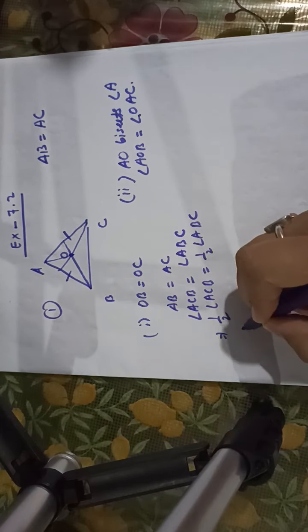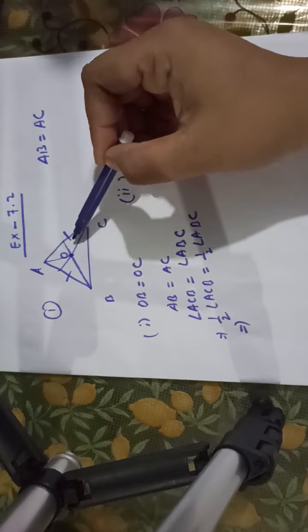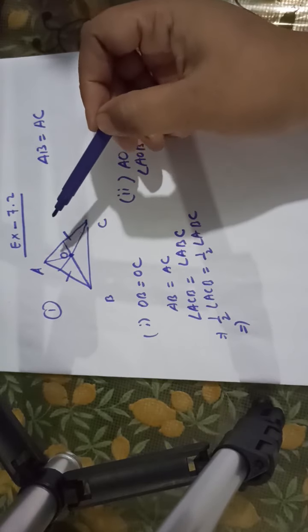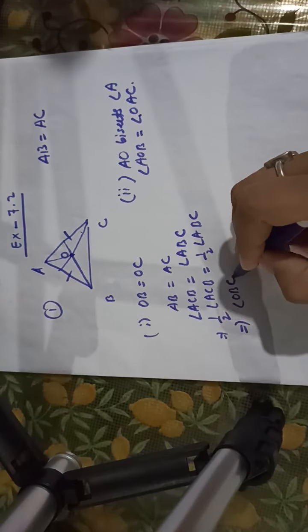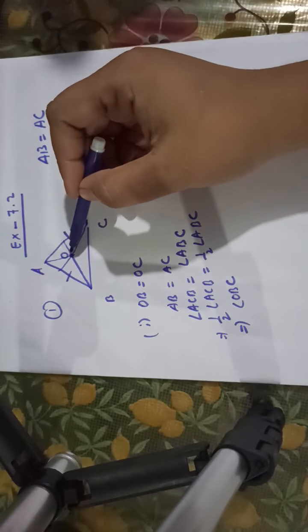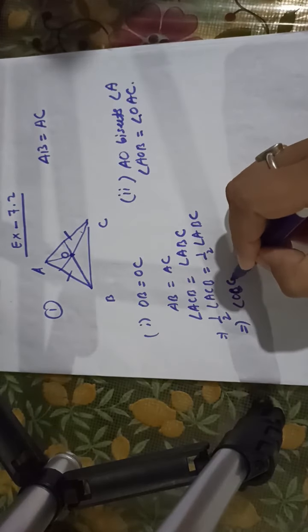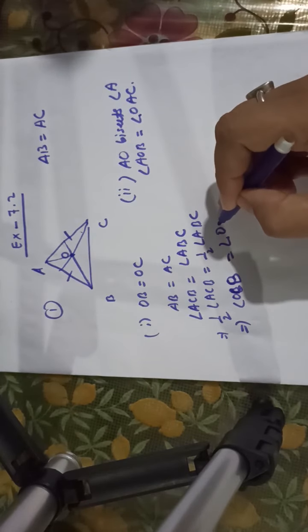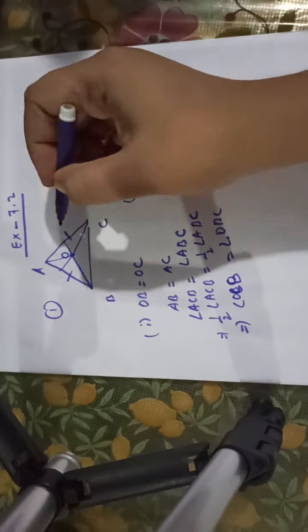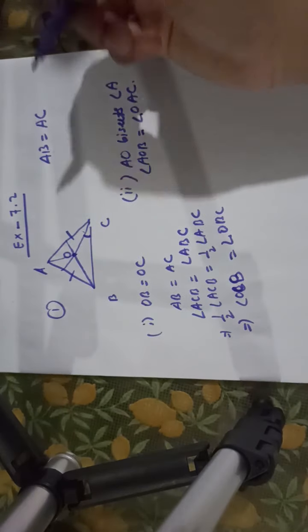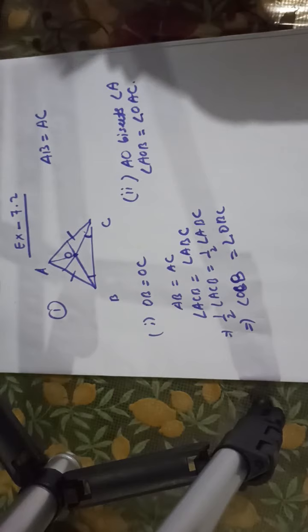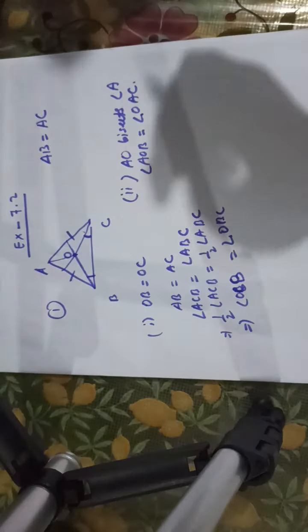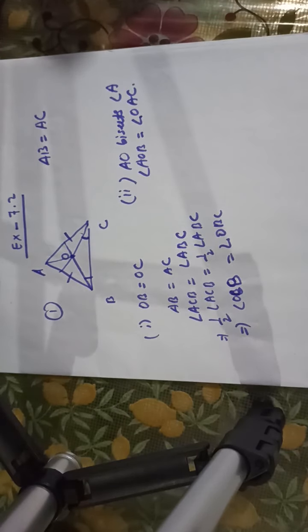Half of angle ACB I can write as angle OCB, and half of angle ABC is angle OBC. So half of angle C and half of angle B, because I want to focus on my triangle OBC. Clear?